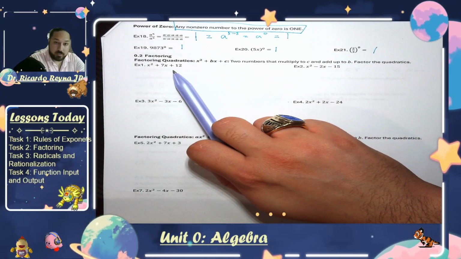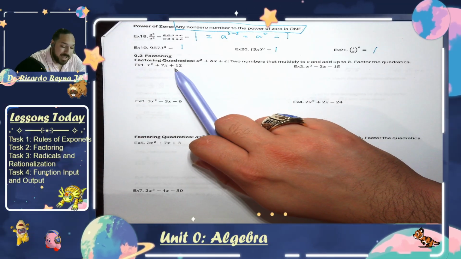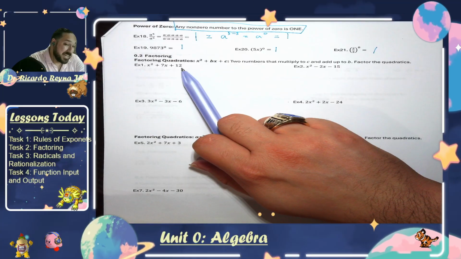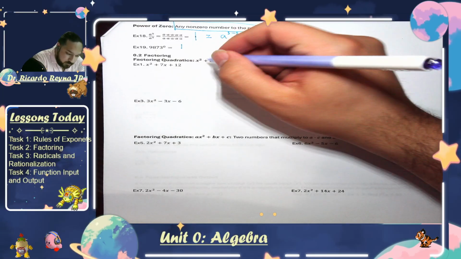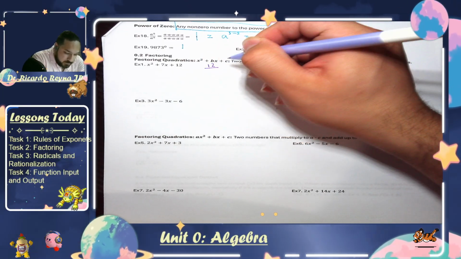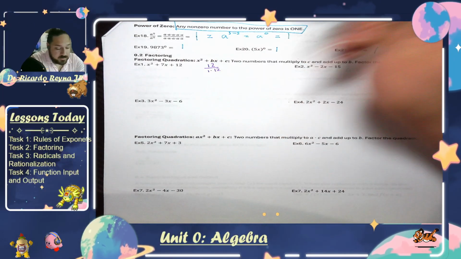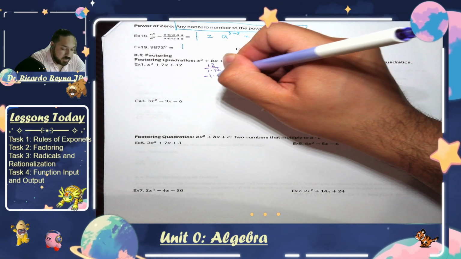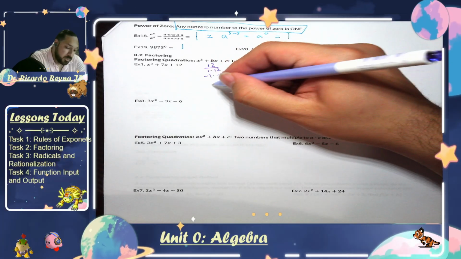Let's start over here. So the rules state that I need two numbers that multiply to c and add up to b.